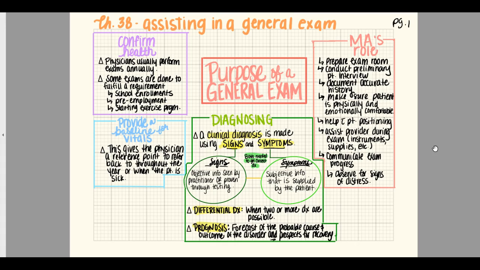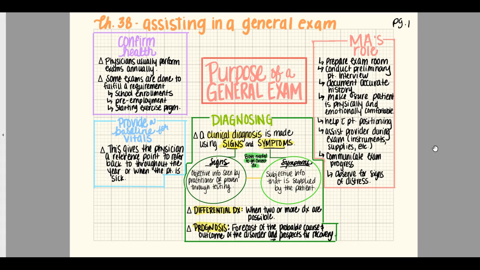So where 80 is a normal pulse for most patients, if it is a well-conditioned athlete whose pulse normally runs a little bit on the bradycardic side, 80 may be something that the physician would raise an eyebrow at if it was sustained for a period of time. So it provides this baseline for vitals for the physician to refer back to.